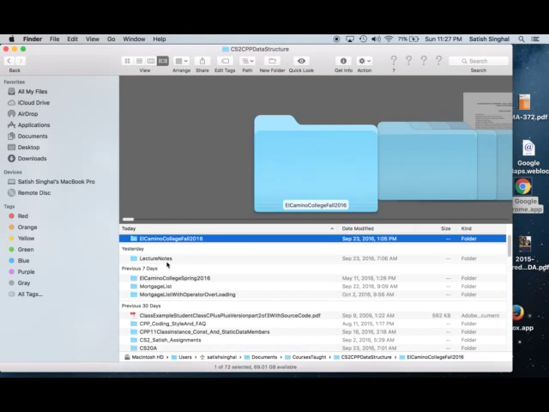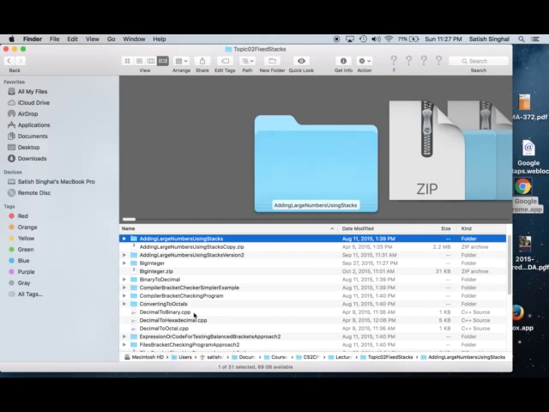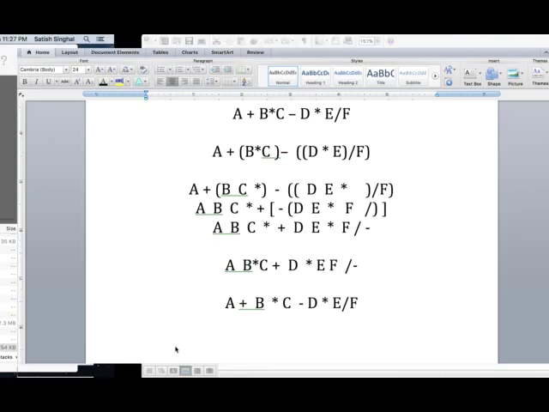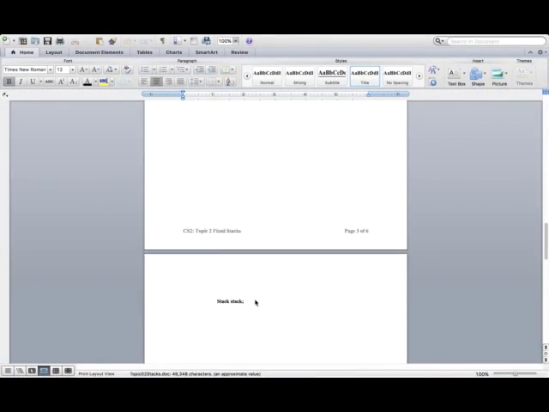Data structure, lecture notes. Allow me a little bit of time here. And stacks.